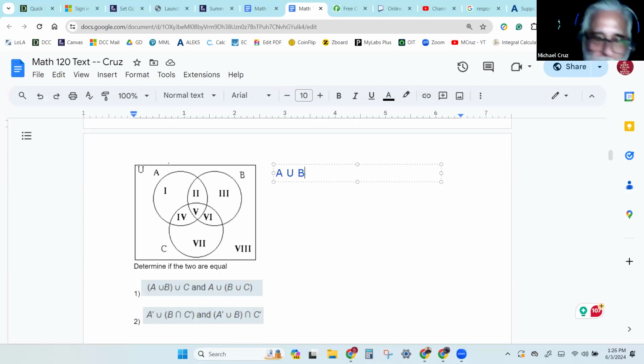So I'm doing A union B. And A union B is just anything that's in the 2 circles. 1, 2, 3.